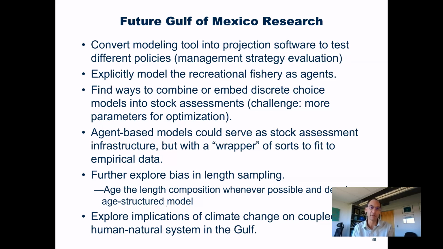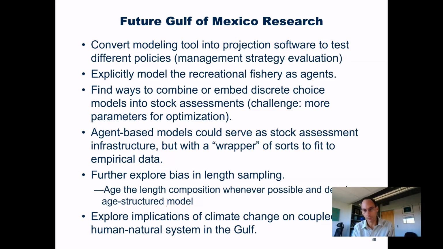Essentially, developing a policy simulator tool that could be used together with conventional projections, but would also provide more realistic projections and would help managers, the Gulf Council and the Gulf SSC, make best informed policy decisions by actually simulating out some of these policies and their potential effects on the natural system as well as on the human system, and how fishers will behaviorally respond to these policies.